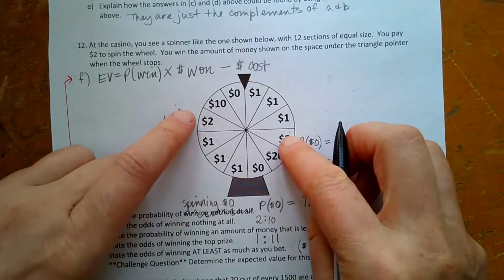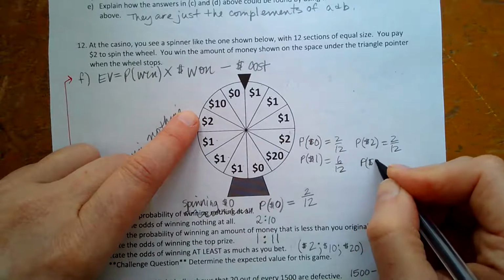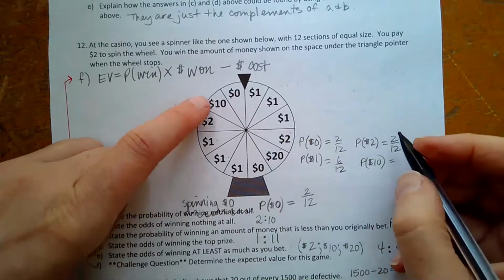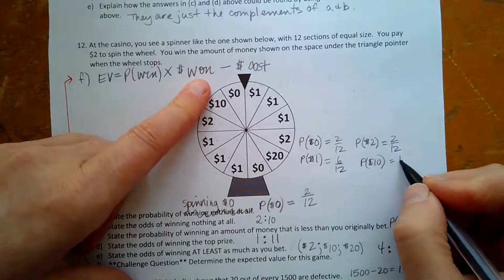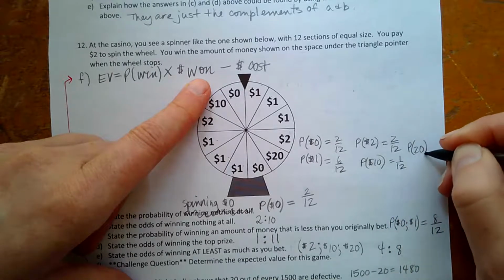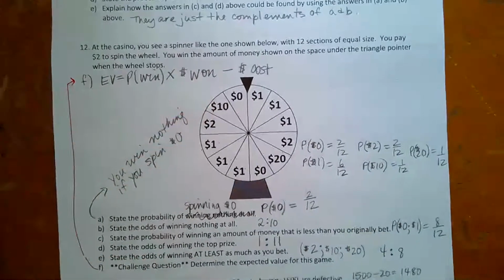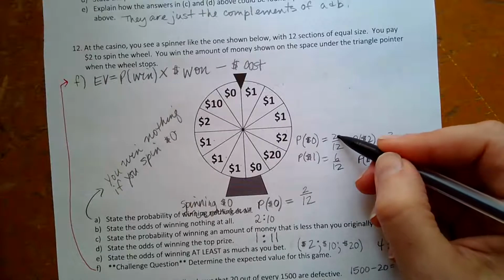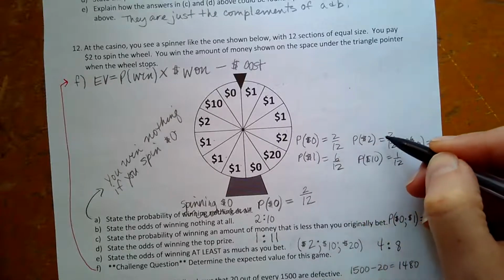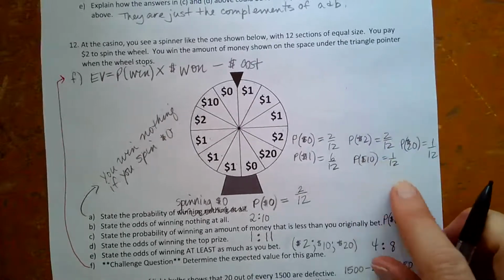And that's 2 out of 12 again. I can win $10. And there's only one of those. And finally, I can win $20. And again, that's 1 out of 12. So if I add up, 2 plus 6 is 8, 9, 10, 11, 12. So I have all my ways of winning identified.